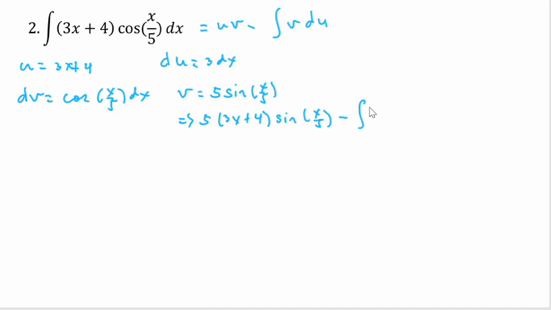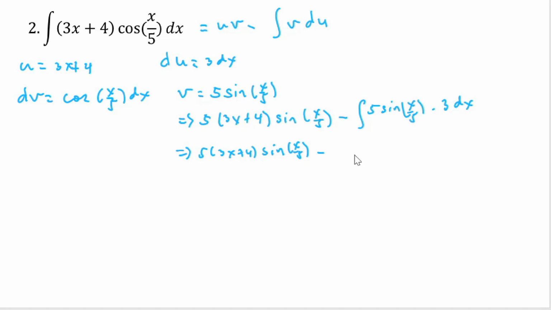We have v is 5 sine of x over 5 times the du now is 3 dx. So we're just going to rewrite the first term, the product of uv, 5 times 3x plus 4 times sine of x over 5 minus, let us simplify this one.